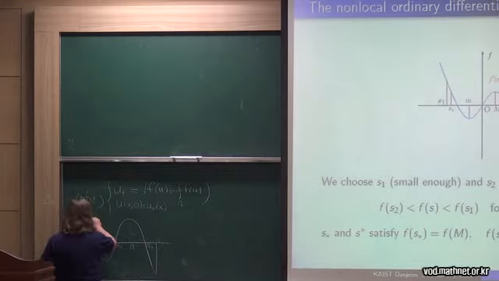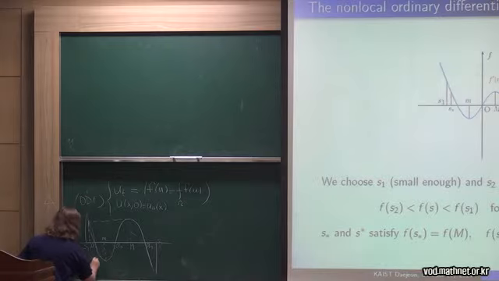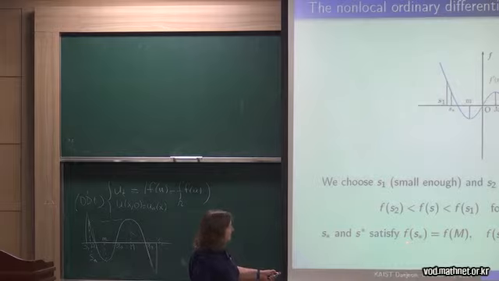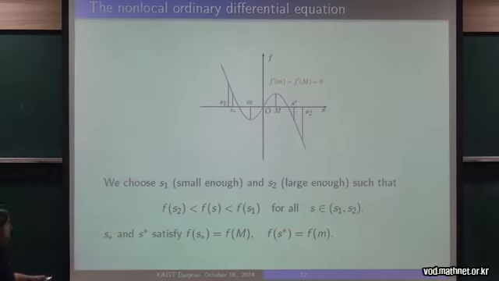We define f lower star by f lower star equals f of capital M, and s upper star by f of s upper star equals f of small m. This is what is written here. So we have all the ingredients we need essentially for pursuing this seminar.